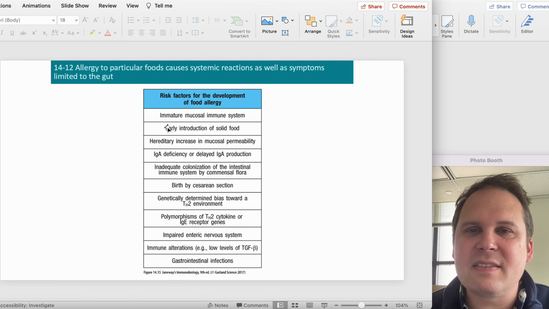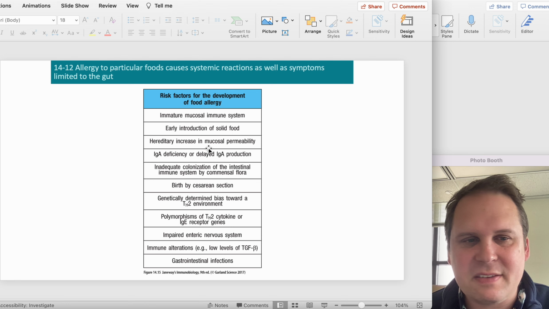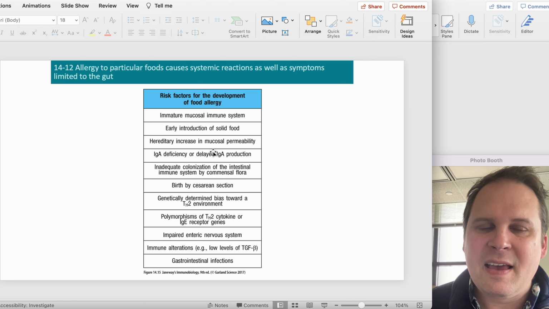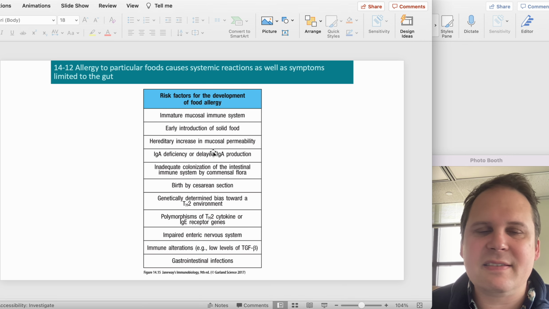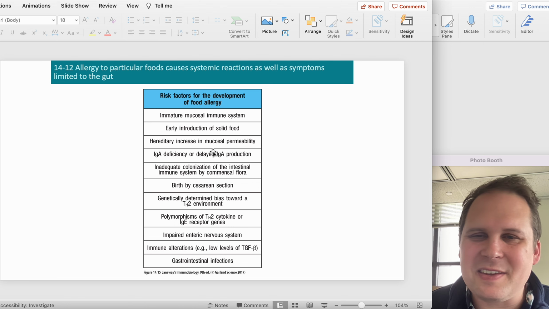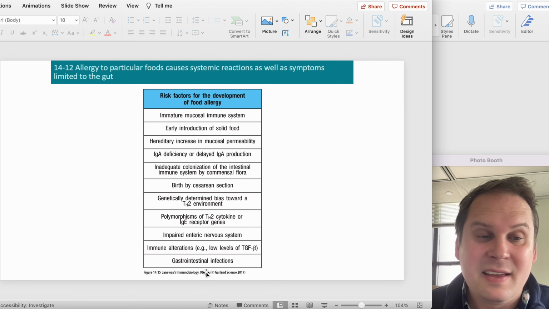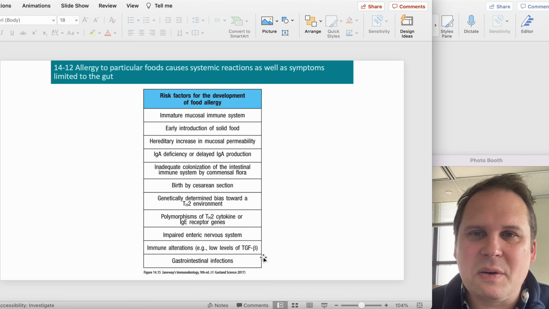So these are things that are considered to be risk factors. There are one or more studies behind each of these, but there isn't just one thing that is associated with food allergies. Some people say it's introduction to solid food, and not just some people, there are actual studies, birth by C-section, etc. But honestly, I tick a lot of these boxes and don't have any known food allergies.